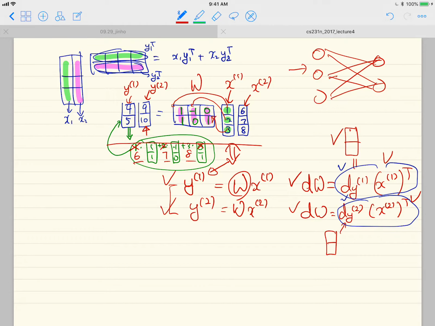So far so good? Okay, so we can then rewrite this dw as simply the sum of these two.